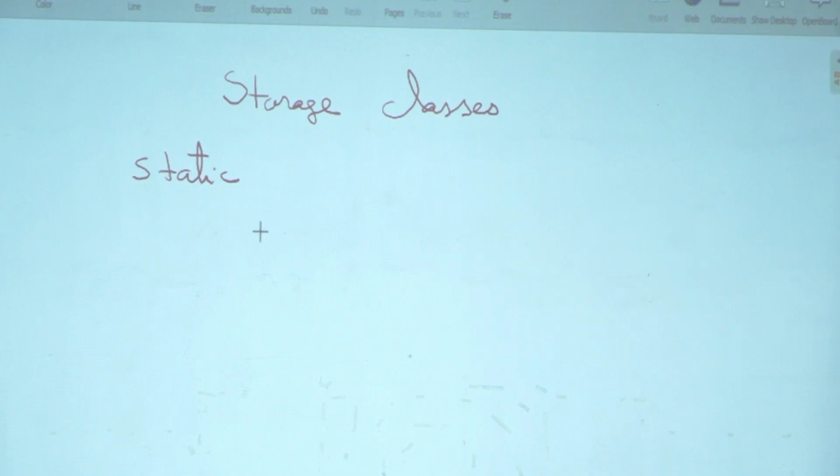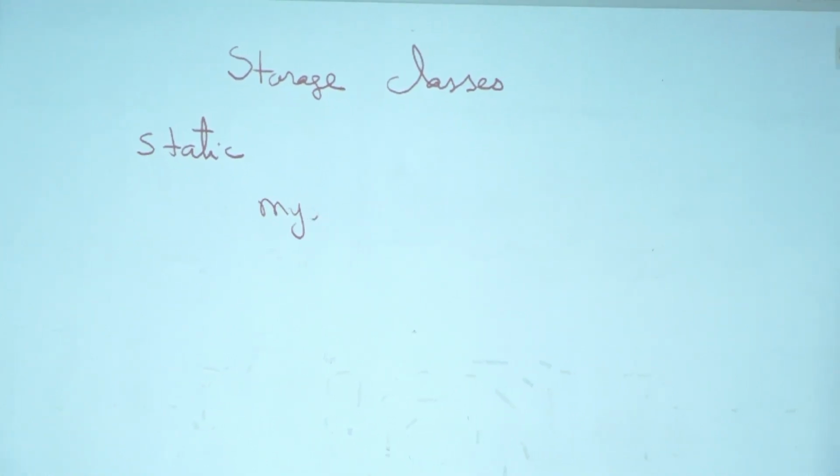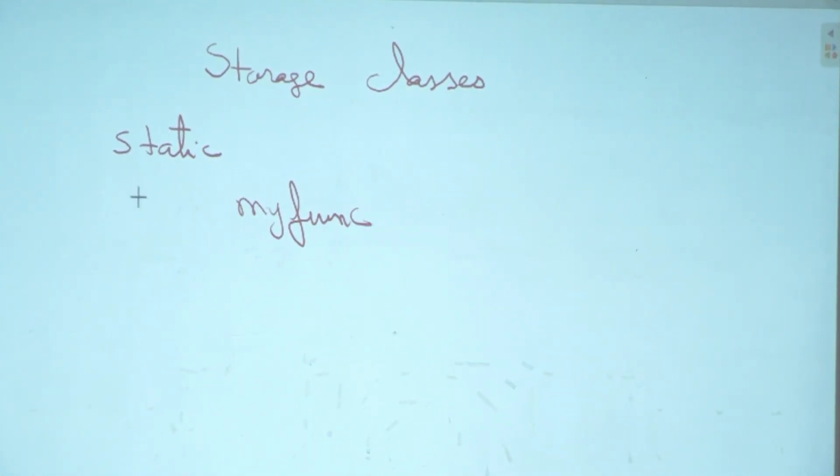Okay? So here is an example. Let's say I have a function which doesn't return anything, so it's a void function, and it takes no parameters. It's a pretty simple signature, call it myfunc, no parameters, no return type.